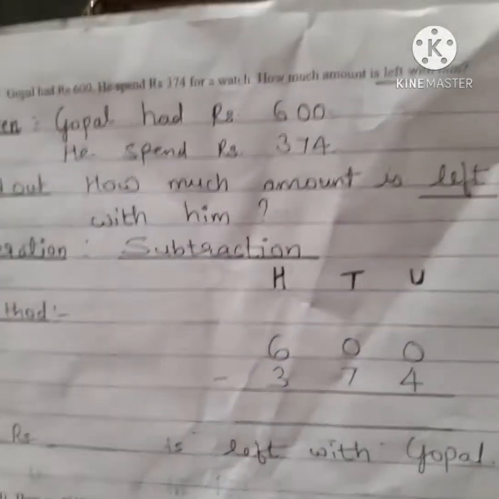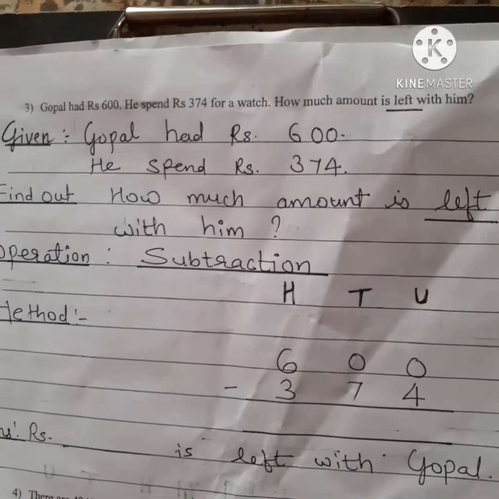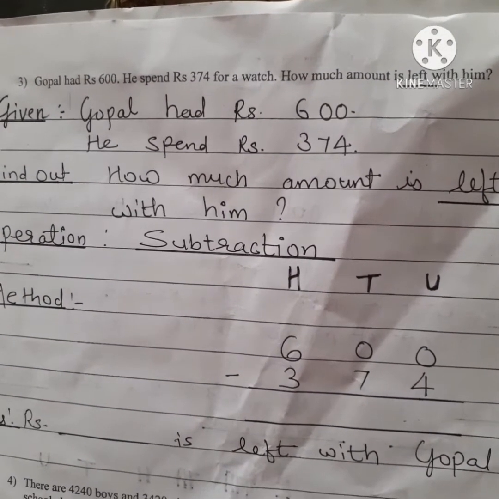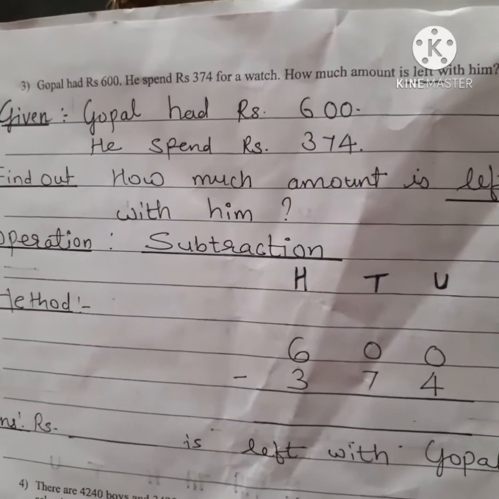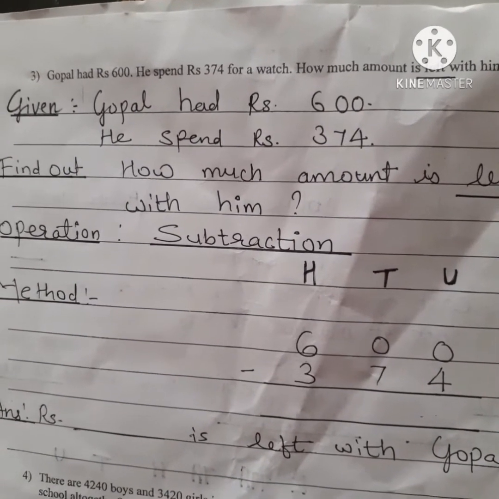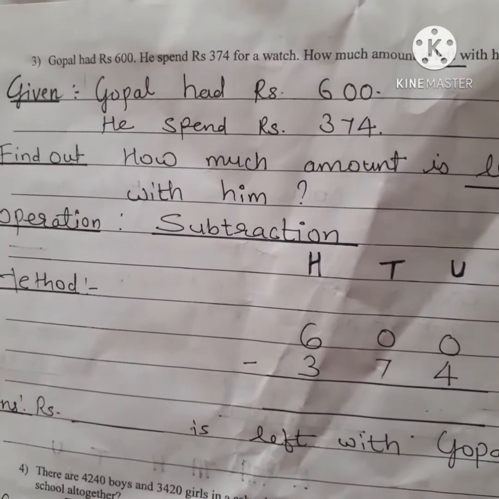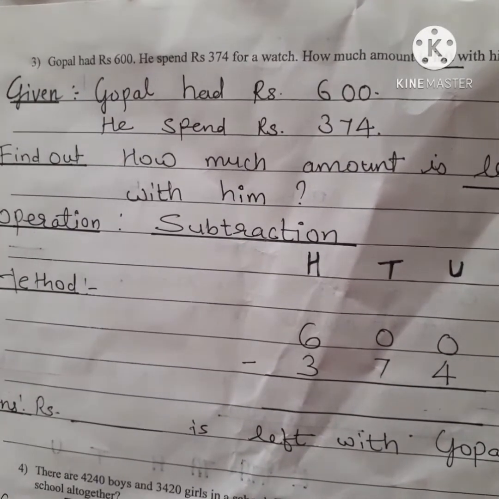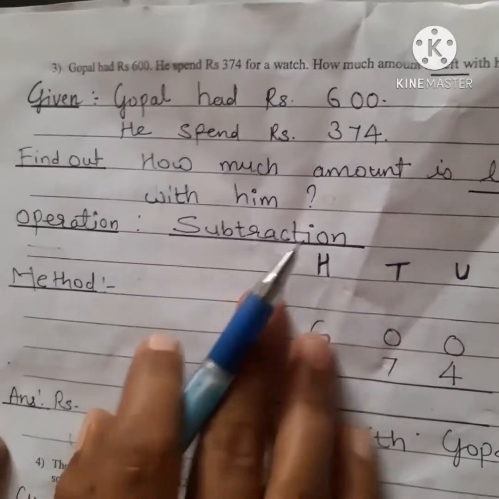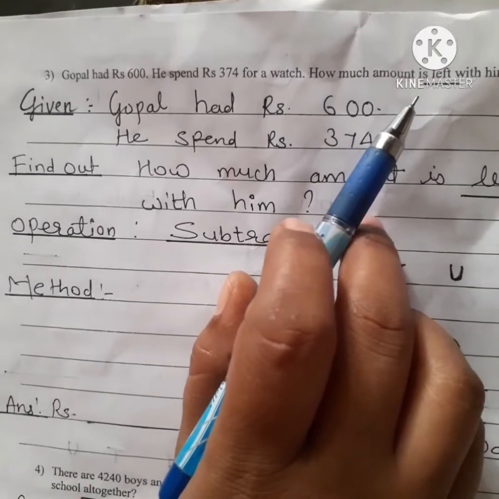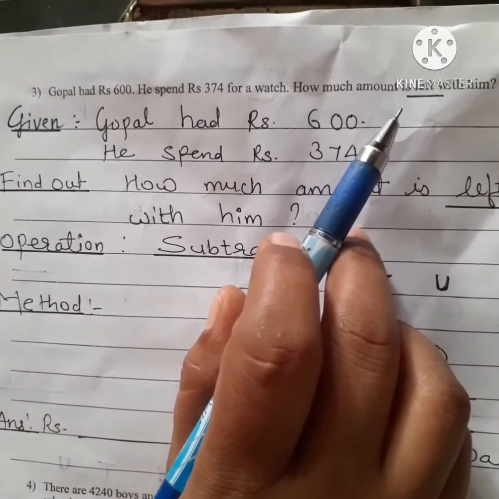See, Gopal had 600 rupees with him and he spent rupees 374 for purchasing a watch. Then how much amount is left with him after spending the amount on the watch? So you'll understand which type of question this is. In a question, if left is there, this type of question is of subtraction.